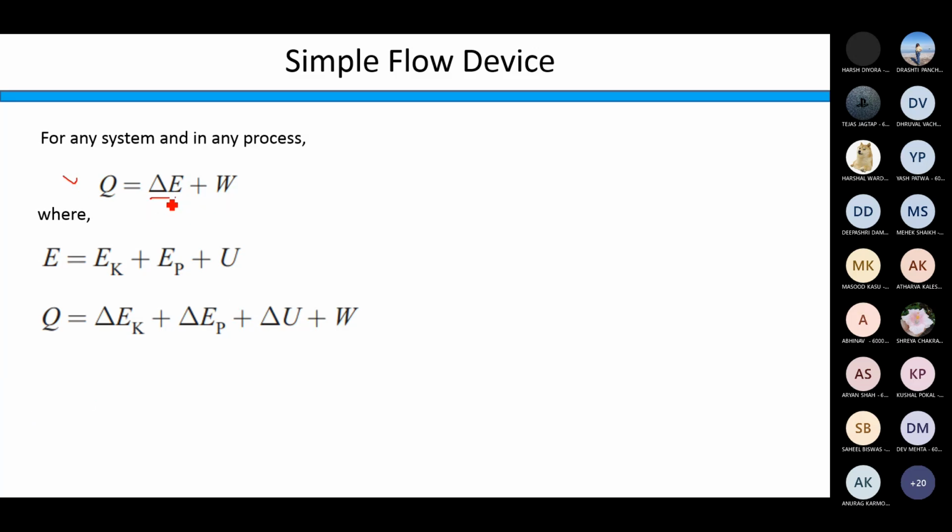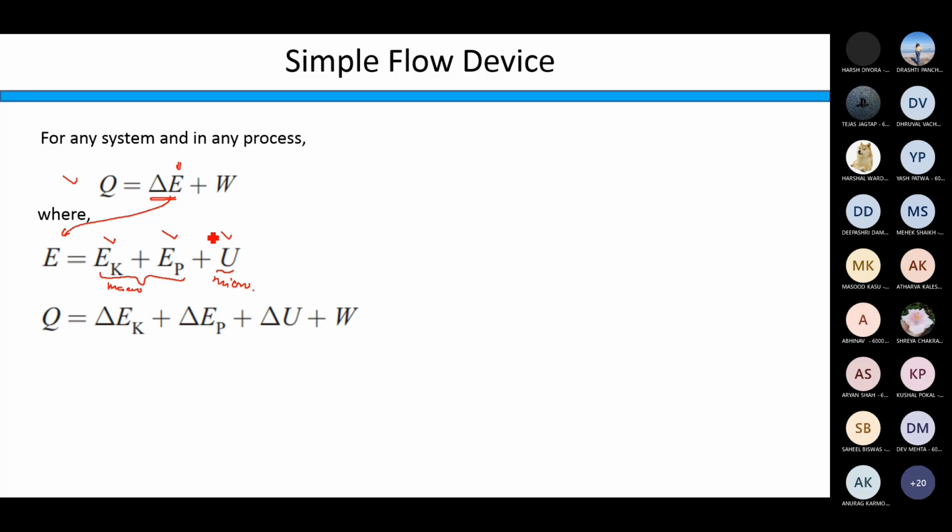Now we know this delta E is nothing but the change in the total energy of your system, and this total energy E is made up of two components. This is the macroscopic form of energy, and this is the microscopic form of energy. This is the kinetic energy, then the potential energy, and the microscopic form is the internal energy of your system.